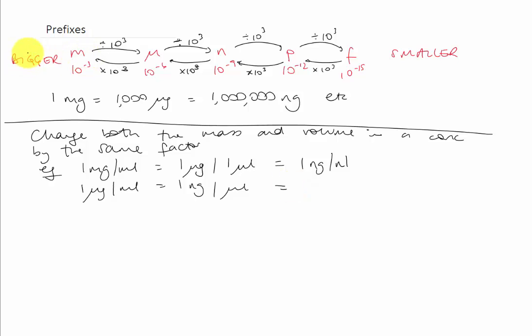And similarly, if we want to know how many in a litre, then we have to go the other way. So there's an imaginary arrow here that goes to no prefix at all.